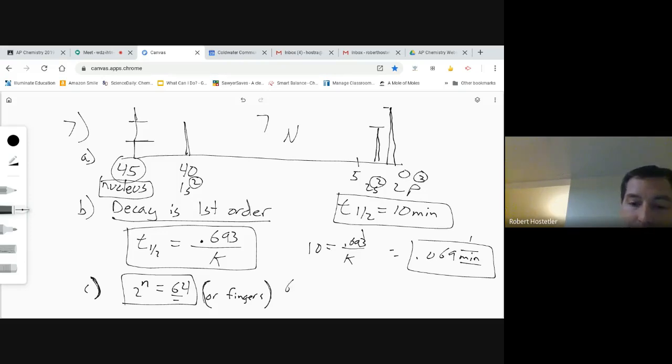You could just take 64 and cut it in half, and cut it in half, and cut it in half, and cut it in half, and cut it in half, and cut it in half, and then just count how many times you did it. So we know there's 6 half-lives. Well, if you do 2 to the 6th power, that's also 64. So we know that there's going to be 6 half-lives.